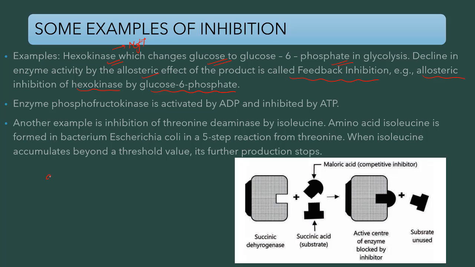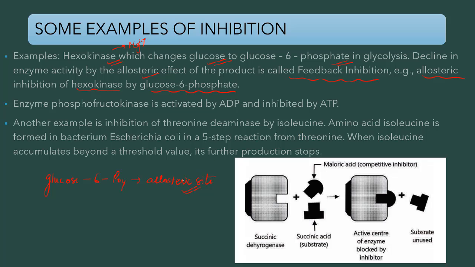Glucose 6 phosphate is the product and it is the allosteric product, meaning it will regulate its own catalysis. So the allosteric substrate will attach to the allosteric site to control the rate of the reaction. It will inhibit the activity of hexokinase.